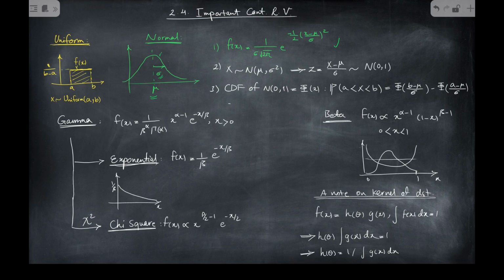So you have only one hill, only one bump, and that mode, that highest point, happens at mu. So when x equals mu, you have this. And the spread of this function is determined by sigma. So if sigma is large, it's going to be a wider function.